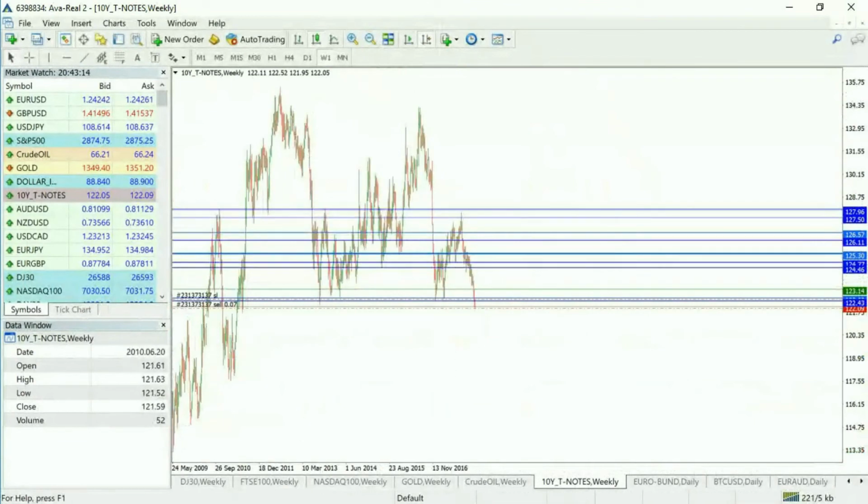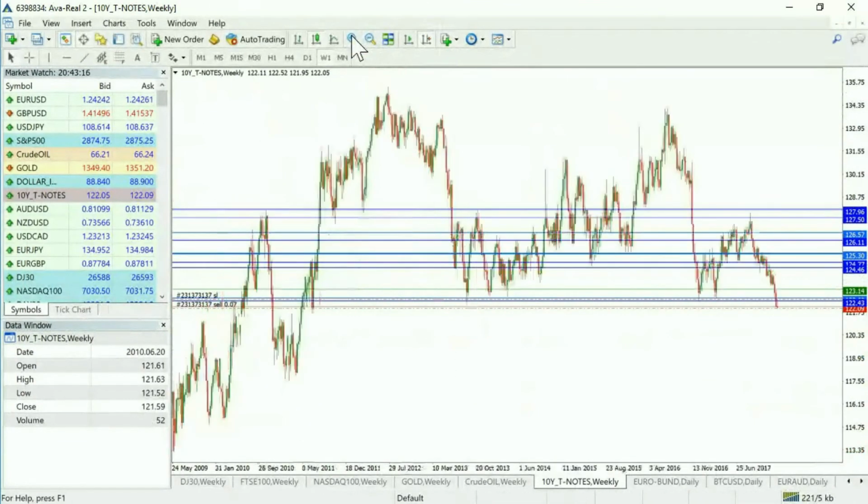So I'll zoom in just a fraction more. So we're identifying what goes on at these levels, even providing resistance, preventing prices from moving higher. All of these kinds of levels sitting in here all have had some consolidation enter the market.